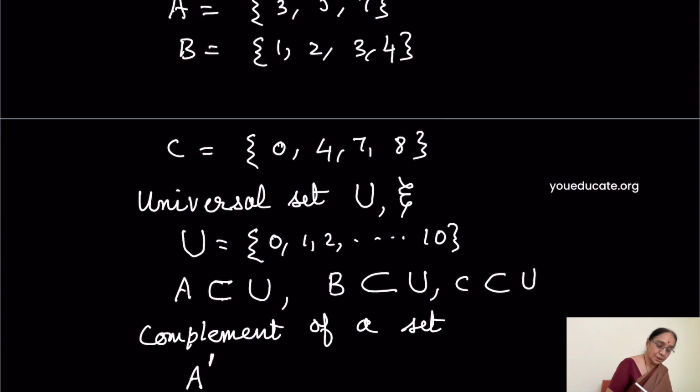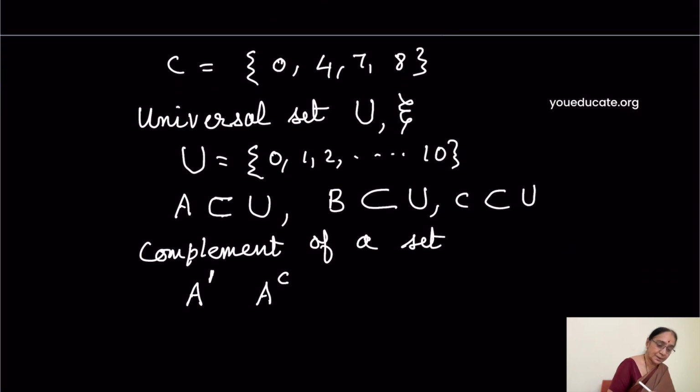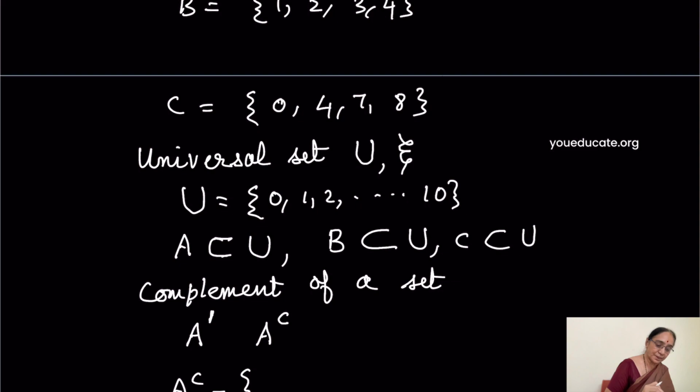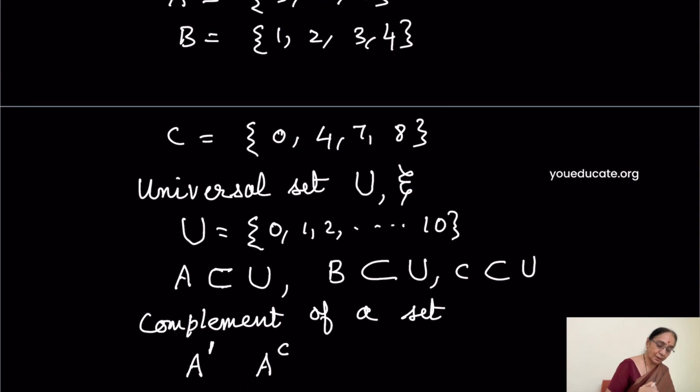In some books they denote it as A with a small c, A complement. Now A complement is the elements not in A, but which are in U. So A complement is a set. It consists of elements not in A.